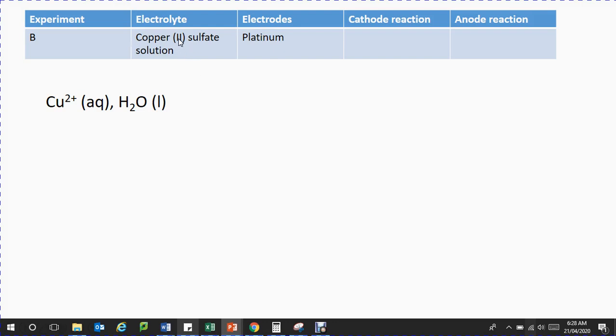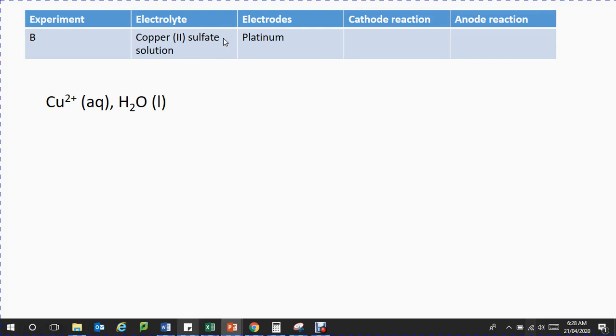I've got copper 2 sulfate solution. What that tells me is it's a solution, so it's aqueous. And if we remember from last year, an ionic compound in solution will ionize into its individual components. So we've got copper 2 plus, and we've got our sulfate anion. That sulfate is just a spectator ion.